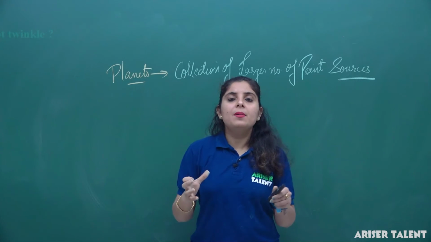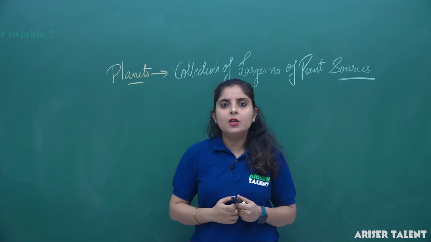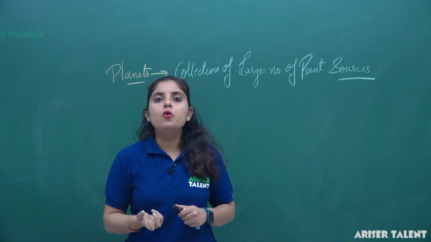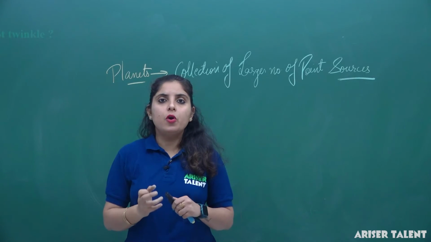or sum up the intensity of light from all these point sources, the variation comes out to be 0, and if it comes out to be 0, then it will nullify the twinkling effect, and that's why the planets do not twinkle.